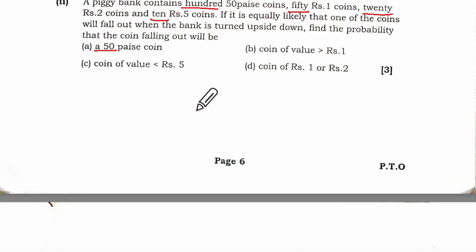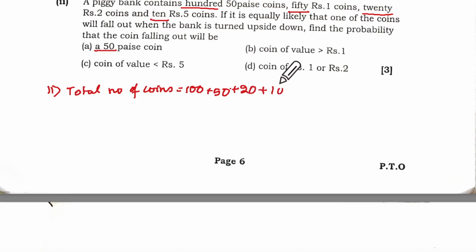Understanding the total number of coins?